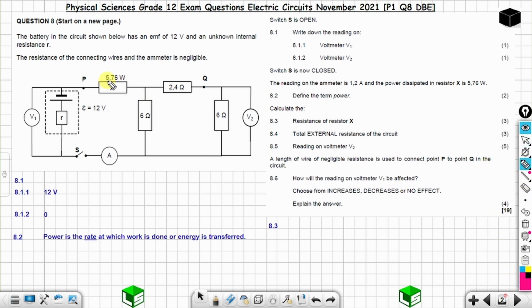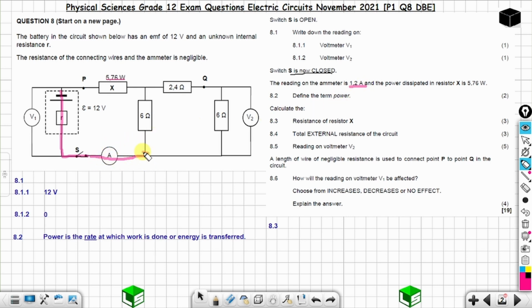When switch S is closed, you are going to have the total current flowing through resistor X. From the battery, when the switch is closed, the ammeter will read the total current.